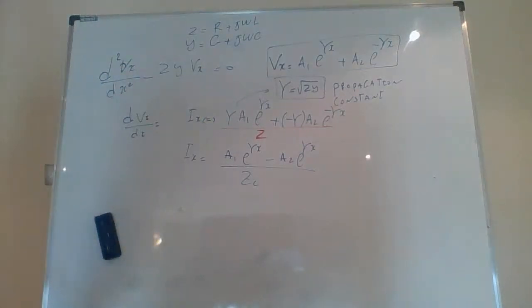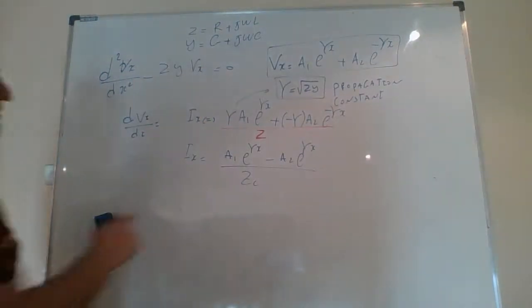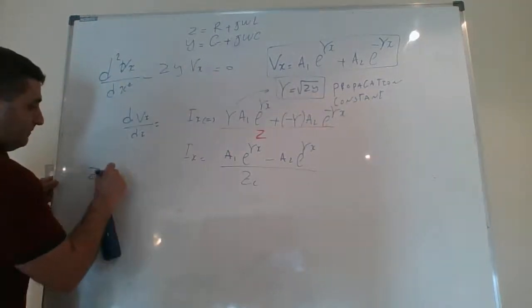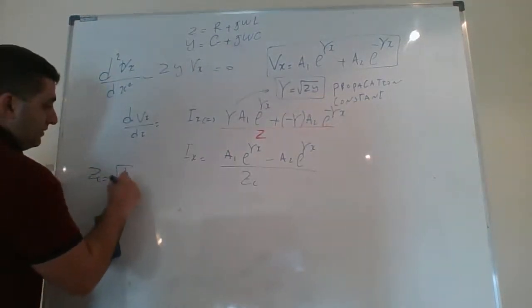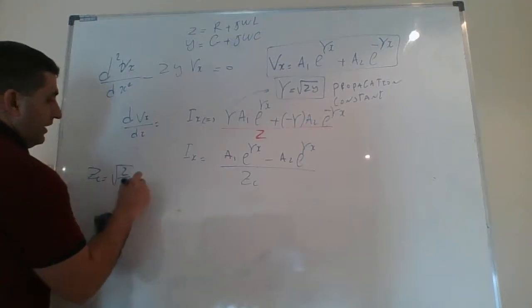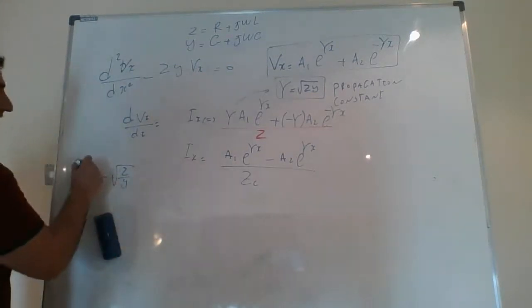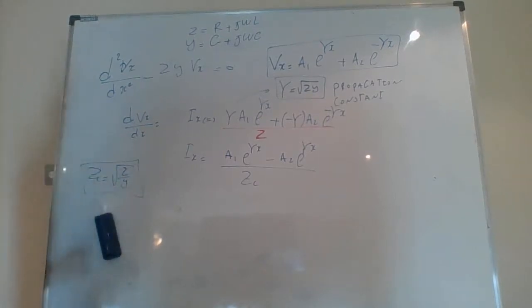Zc is a square root of z over y. Zc, the definition of Zc, z over y, and this is called the characteristic impedance. This is known as the characteristic impedance of my system.